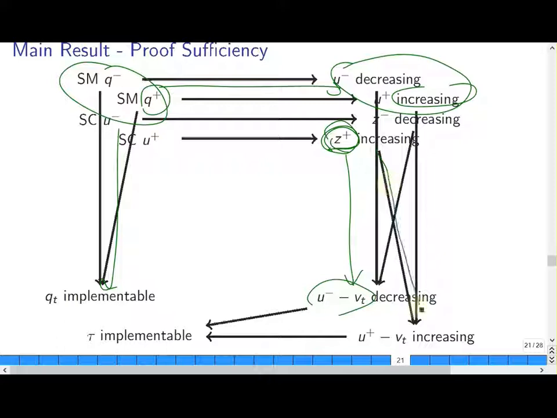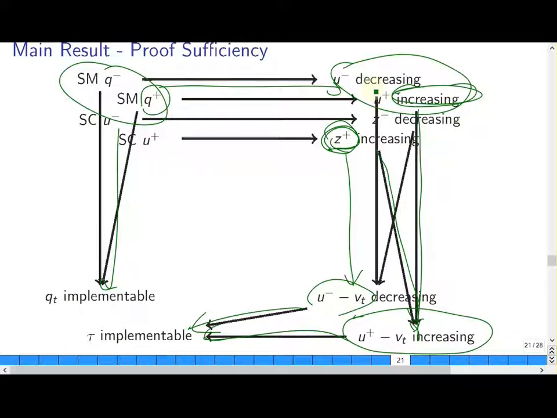monotonicity of Z and the monotonicity of U, combining these two, I can get the difference between the stopping value and the value function being monotonic. The other one does the same. So combining these two, I can implement any binary rule.